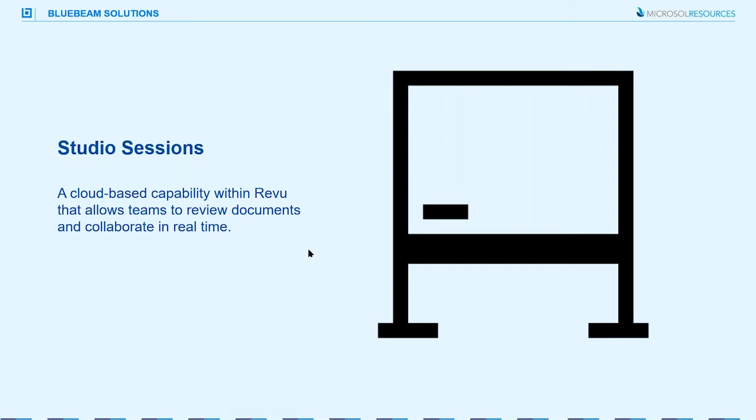So the idea behind a Studio session is that it is a cloud-based capability using Revu to review PDF documents only. The cloud or the internet service is usually an Amazon web server, so they're very secure.